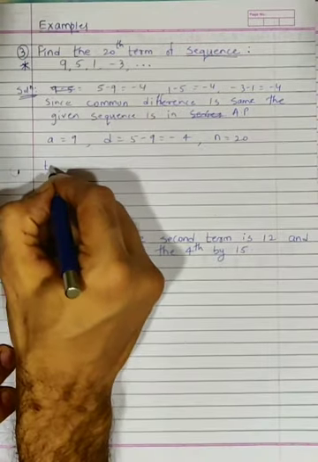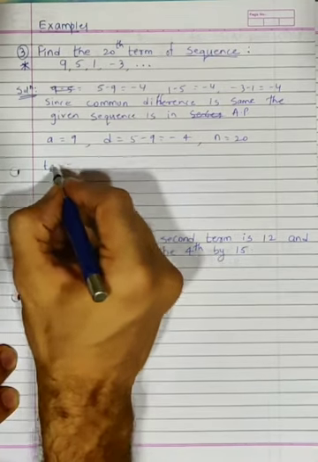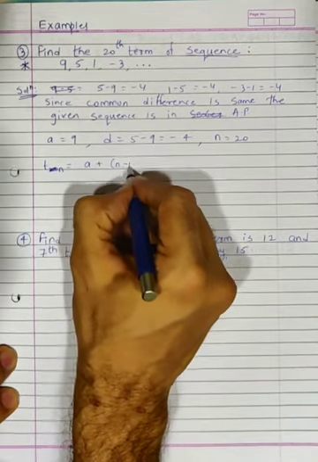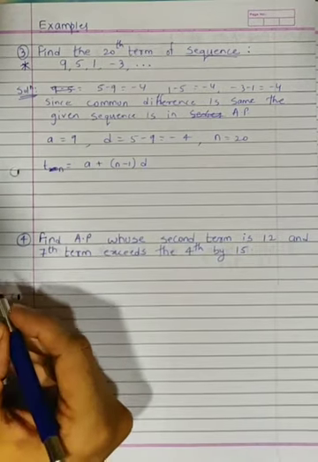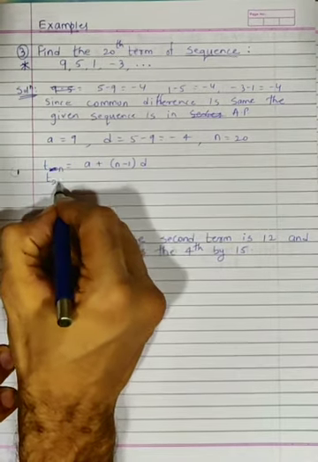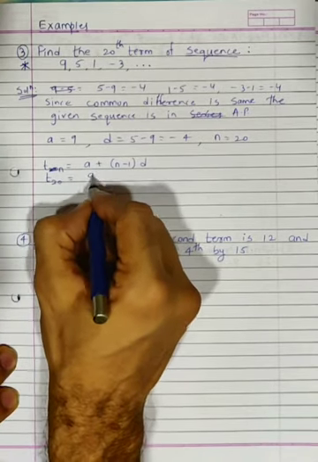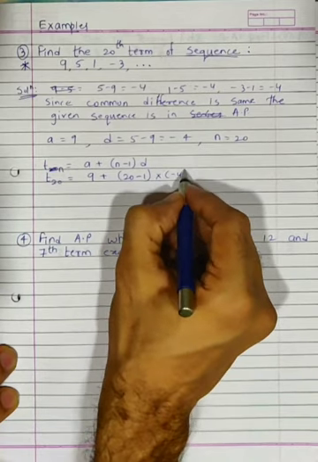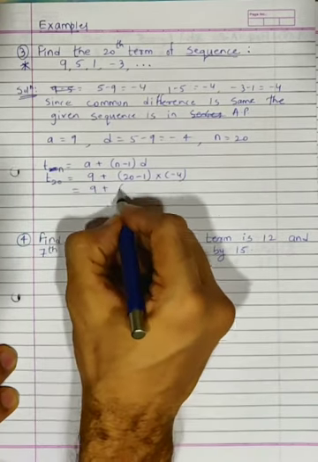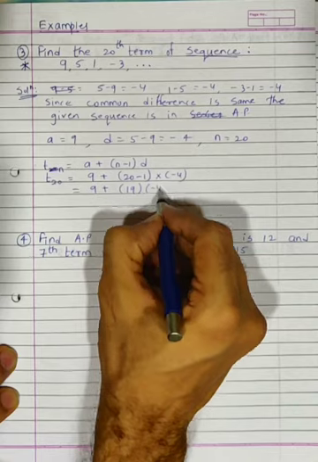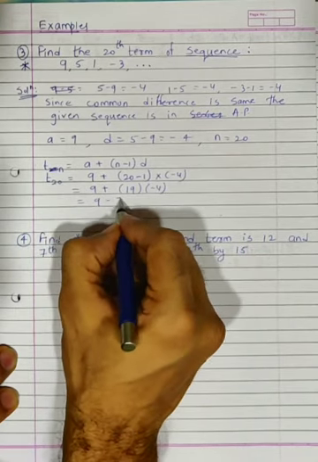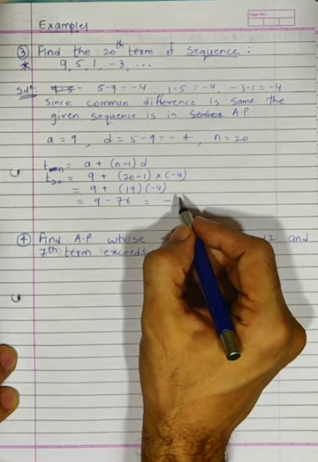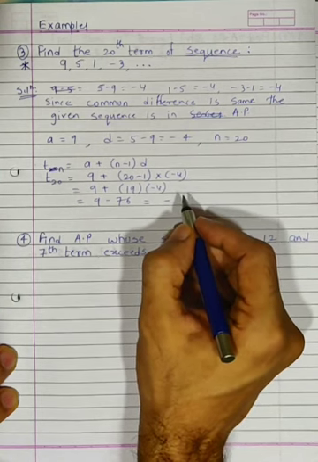The formula for the nth term is a plus n minus 1 into d. So the 20th term is a plus 20 minus 1 into minus 4, which is 9 plus 19 into minus 4, 9 minus 76, so minus 67 will be the answer.